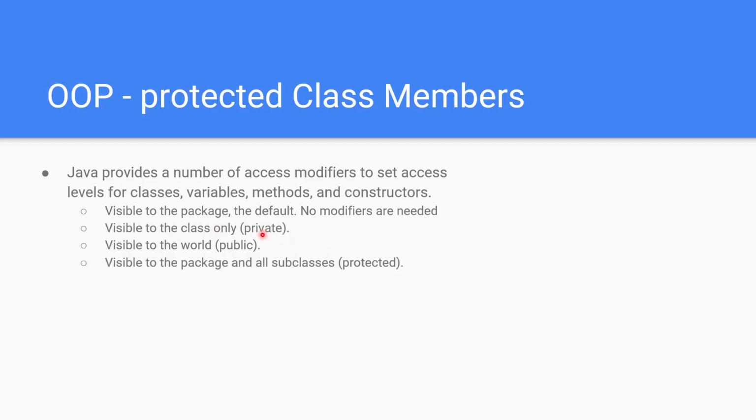So anytime we mark something as private, it is visible only to the class and members of the class. And then we have to instantiate the class, and we have to use the getters and the setter types of methods that we've discussed. Public is visible to the world, and then protected is visible to the package and all subclasses. So it's a little bit of a different variation of a private.